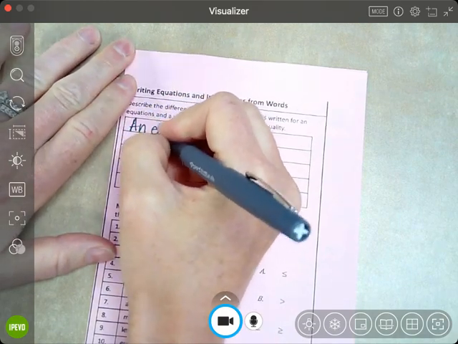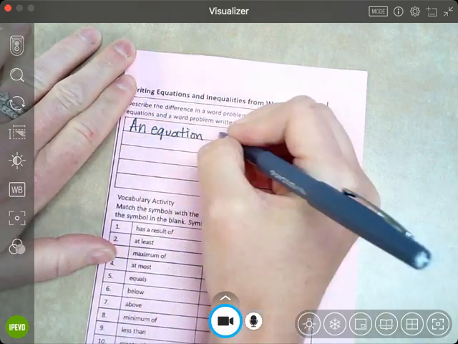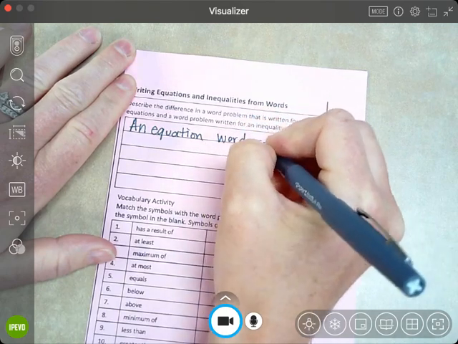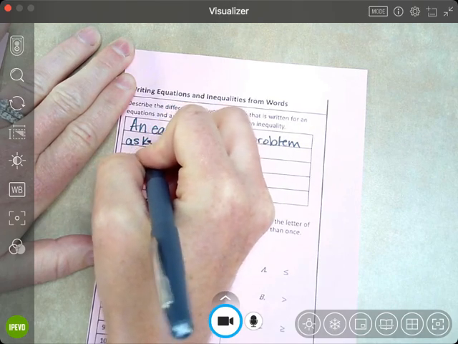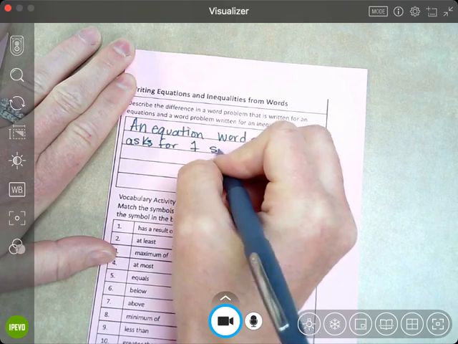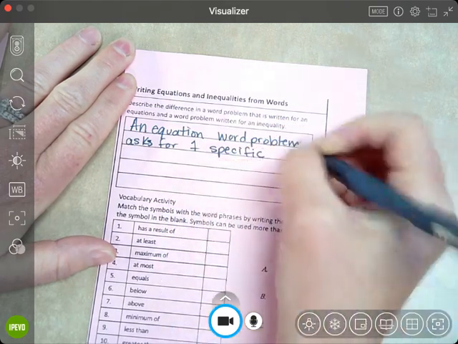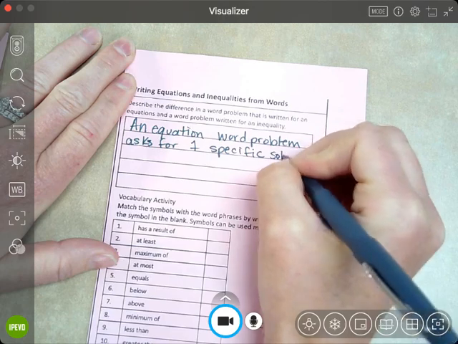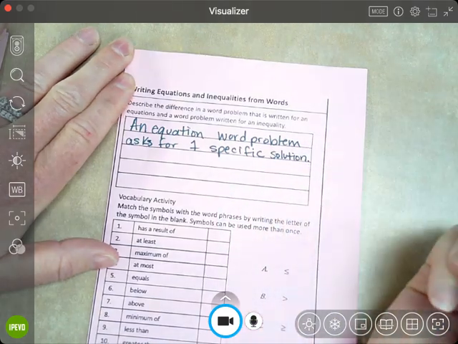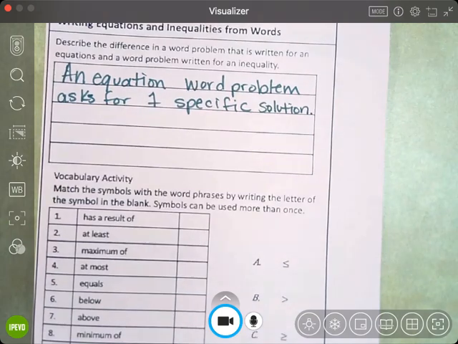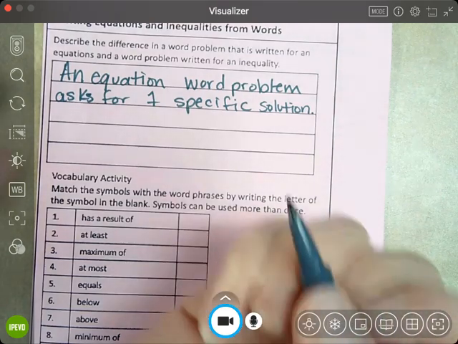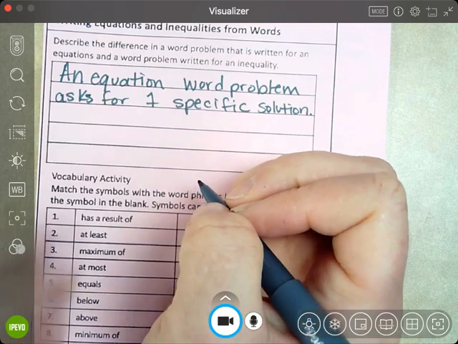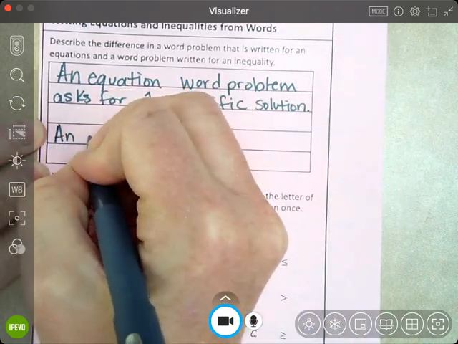An equation word problem asks for one specific solution. So, how many days did it take to fill up the pool? That's for one specific solution. But an inequality would ask for a range of answers.